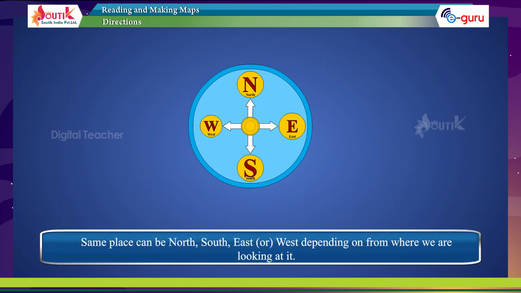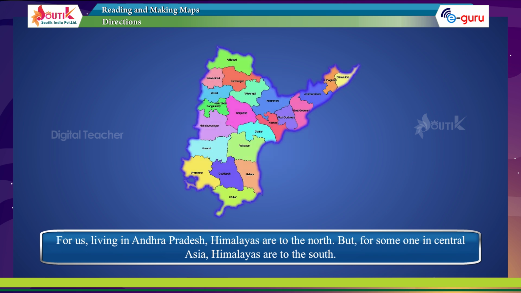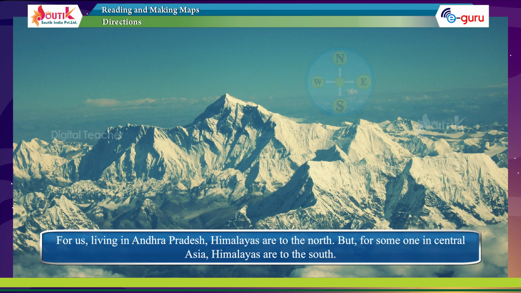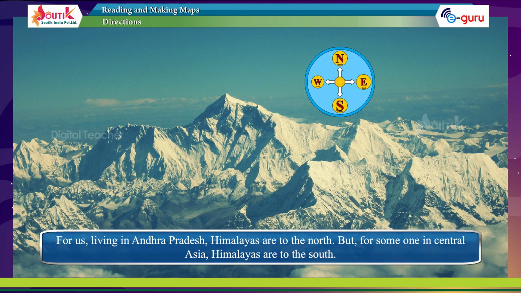The same place can be north, south, east or west depending on from where we are looking at it. For us, living in Andhra Pradesh, the Himalayas are to the north, but for someone in Central Asia, the Himalayas are to the south.